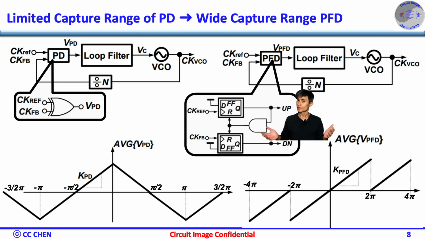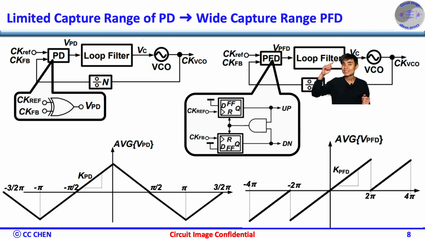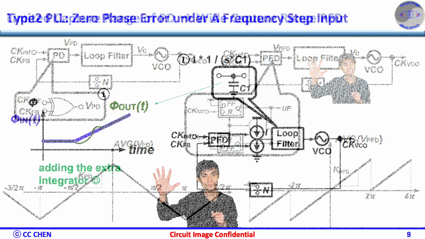How about the phase offset? In another perspective, how to increase the DC gain for tracking an input frequency step? Think about the integrator for 5 seconds.